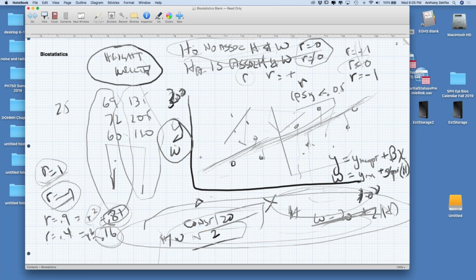For our purposes for the test, I would use the simple linear R squared, simple linear correlation for R. I wouldn't use the adjusted value for R squared.